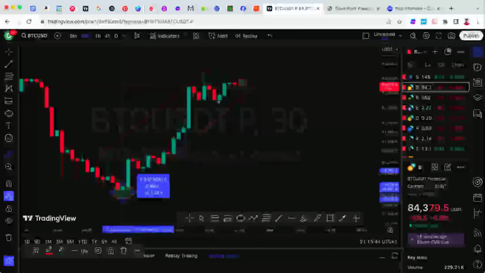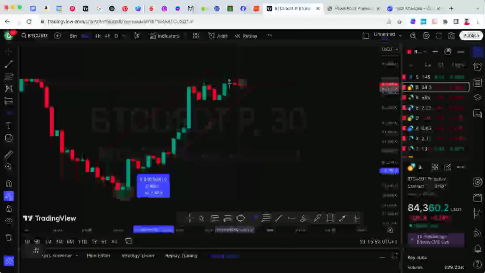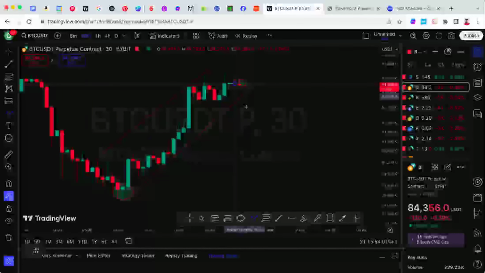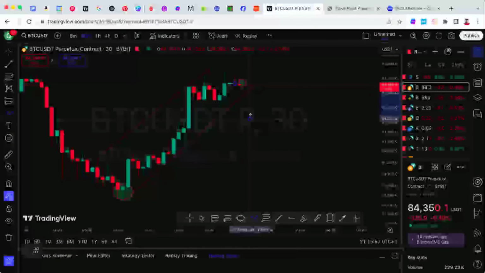It moved in an uptrend here, right? Now if the market broke this uptrend and comes down, because this chart is actually in dark mode, that's why most of the lines that I'm drawing are not visible. So I'll have to be changing the color so that it's visible.